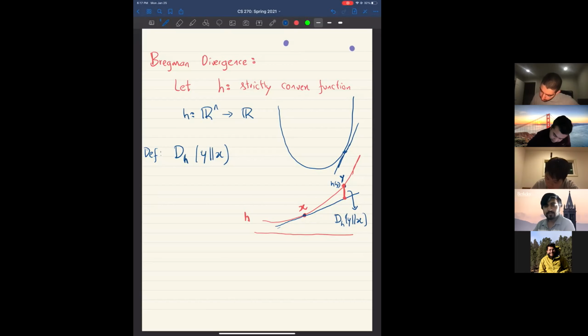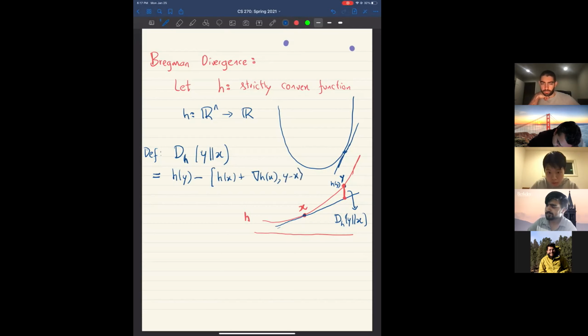Clearly, you just take the function at y and see how much above the linear approximation it is: h of y minus h of x plus gradient h of x inner product y minus x. Okay, so that is a Bregman divergence.